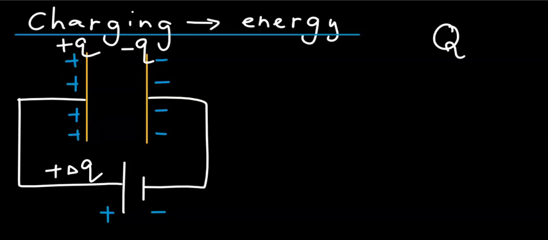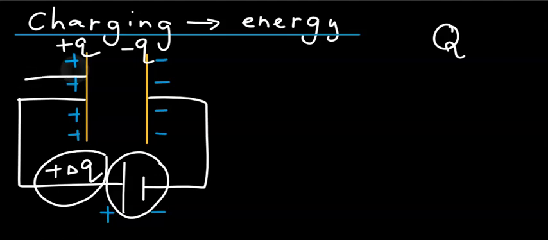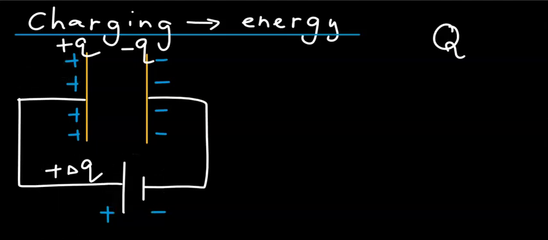In order to overcome that repulsion, this battery must do a certain amount of work in order to get this amount of charge and place it there. Let's call that work delta little w. Let us also assume the potential difference between the plates now is little v.